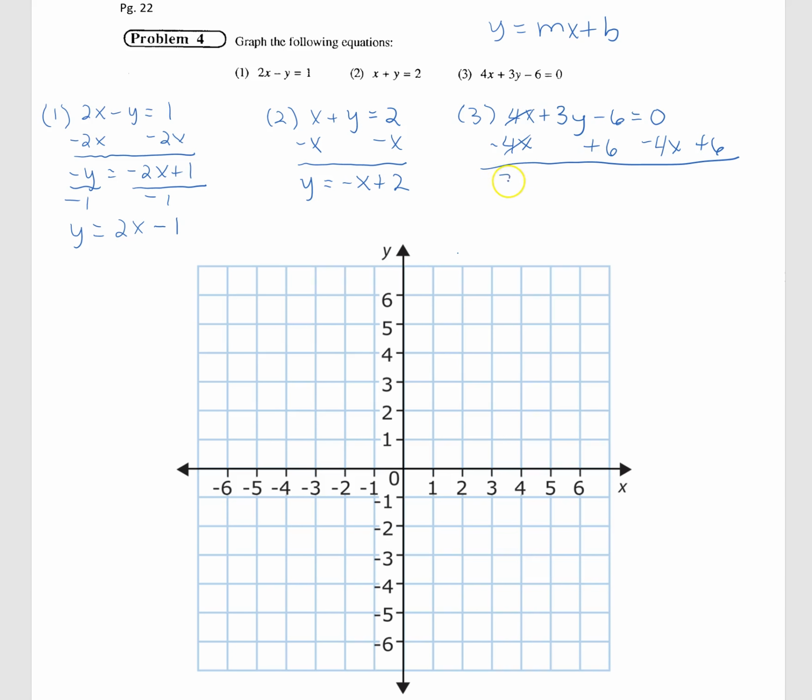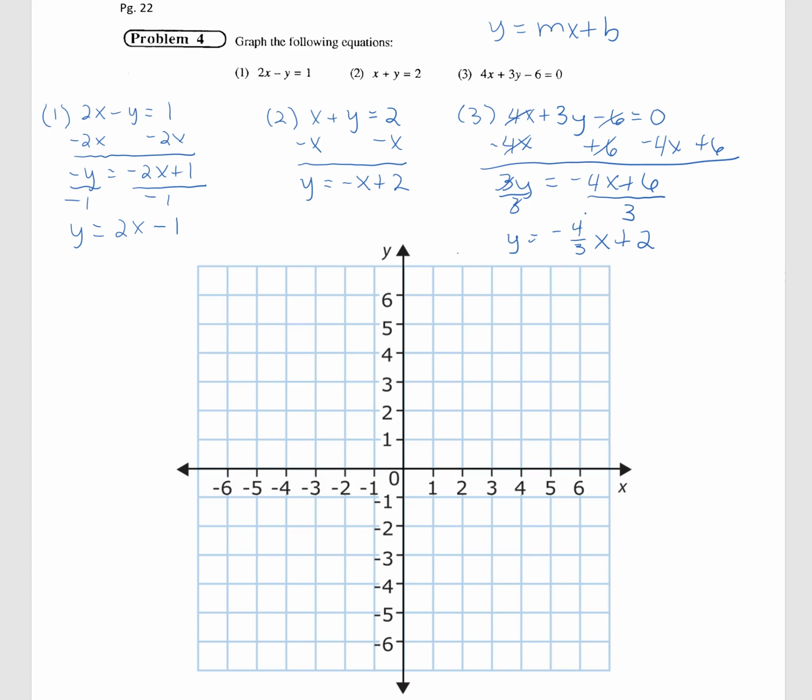So this gives me 3y on the left side equals negative 4x plus 6. And now I'm going to divide both sides of my equation by 3 to get y on its own. This gives me y equals negative 4 over 3 times x plus 6 divided by 3 is 2. So I have negative 4 over 3 times x plus 2.